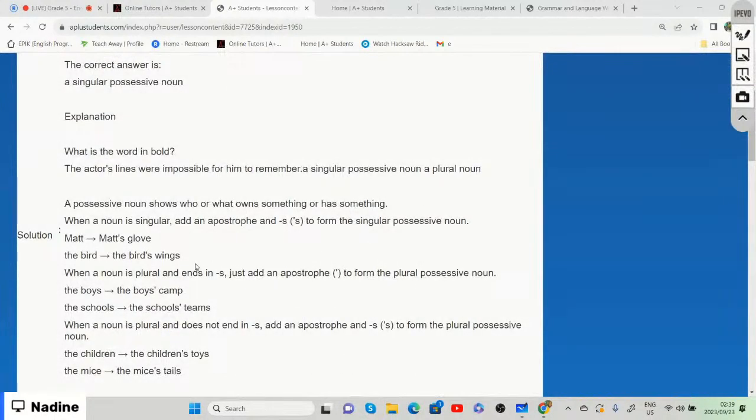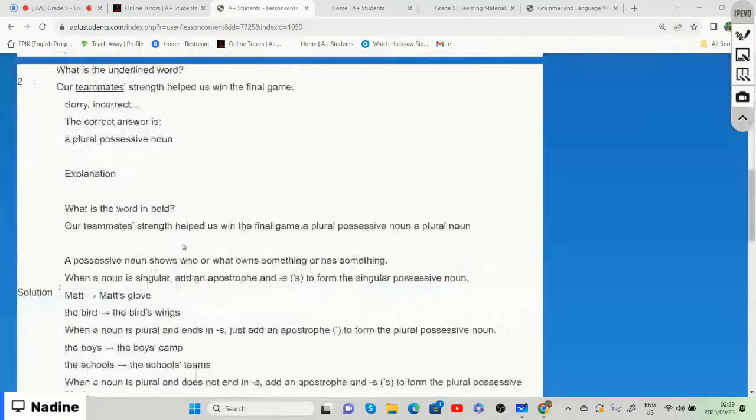All right. Let's look at the underlined word teammates'. Teammates shows more than one. So our teammates' strength helped us win the final game.